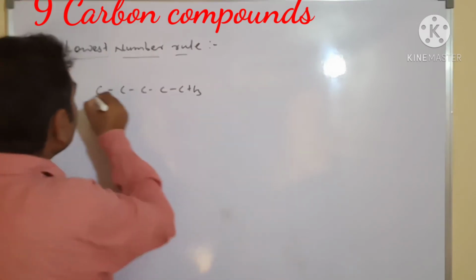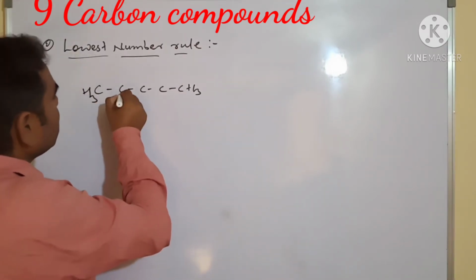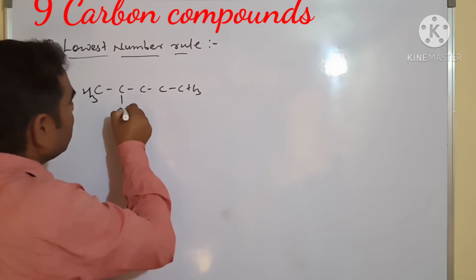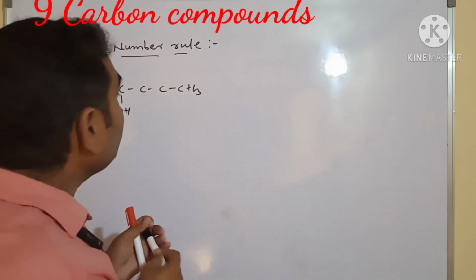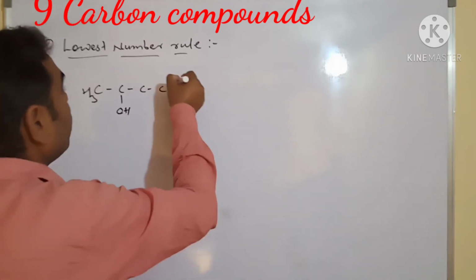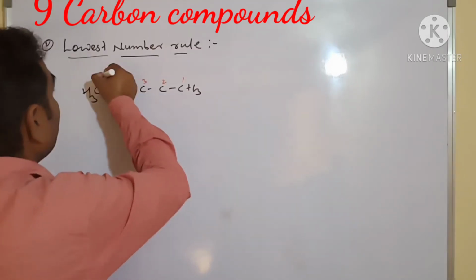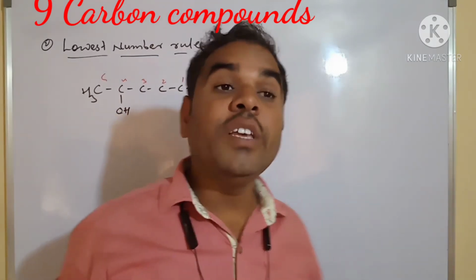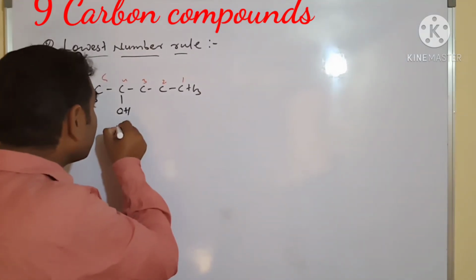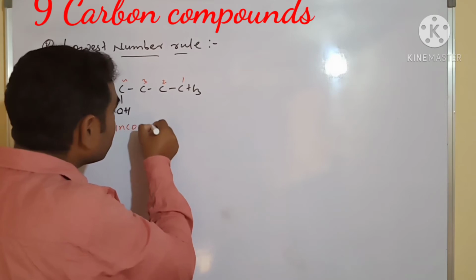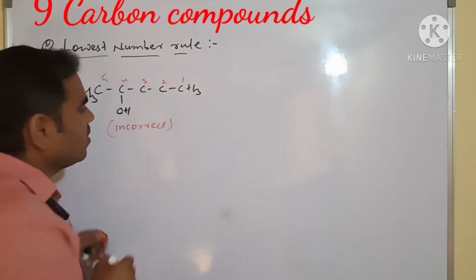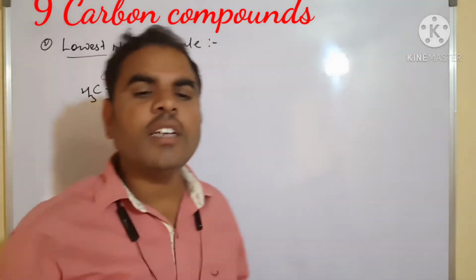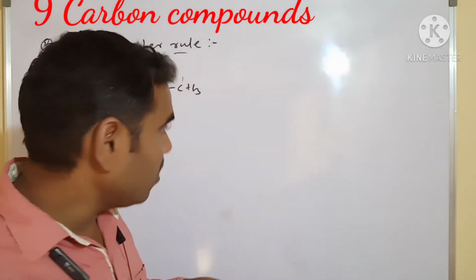This is CH3 and here also CH3. Here is a functional group. If you give the numbering 1, 2, 3, 4, 5, what will happen? This one is incorrect.